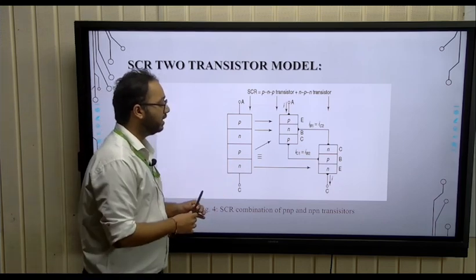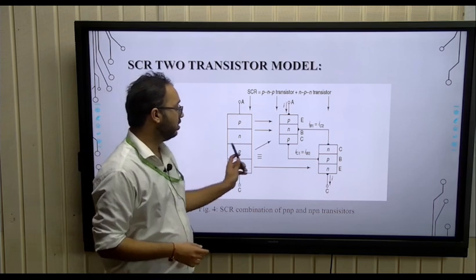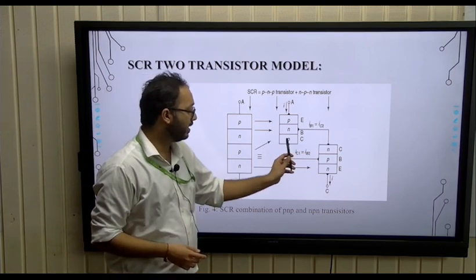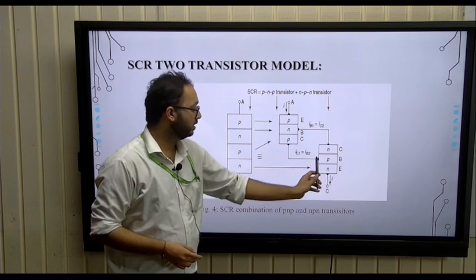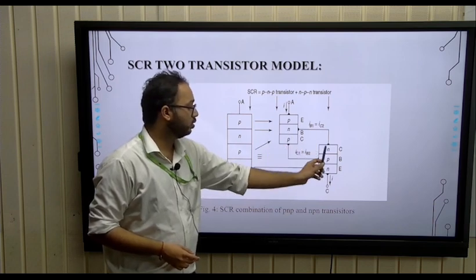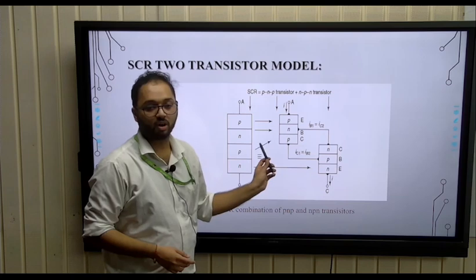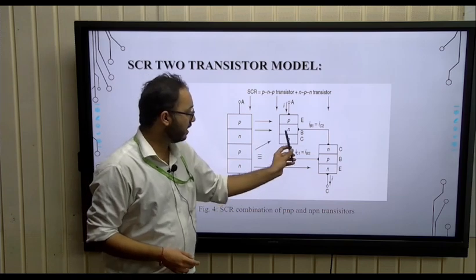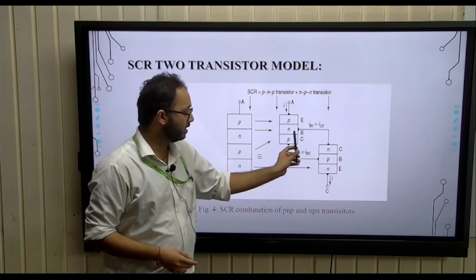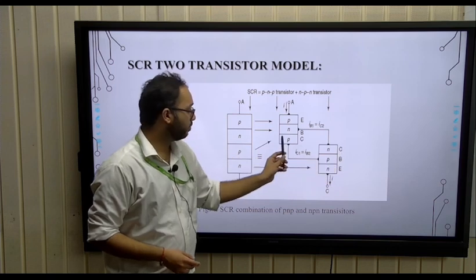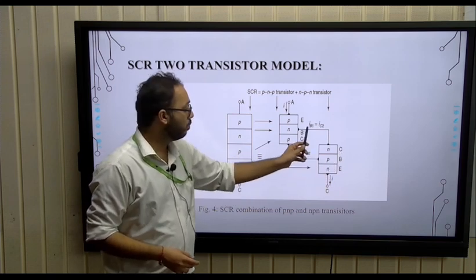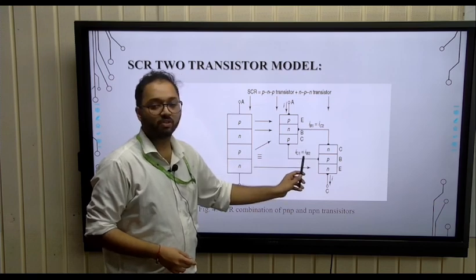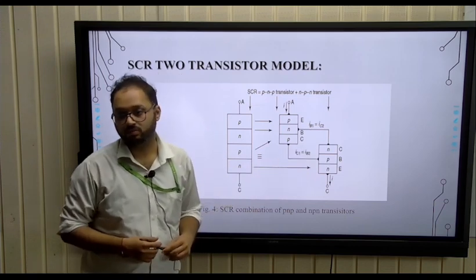Because when we are conducting, we are conducting at this place, and we are controlling at this place, and these 2 places are always common. Like the base is coming from the collector, and the collector is coming from the base. So both of these are responsible for turning each other on.